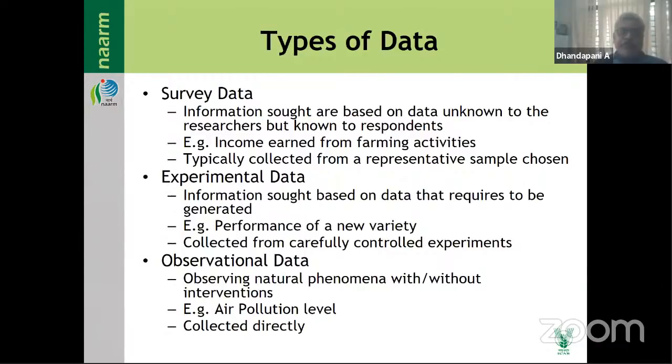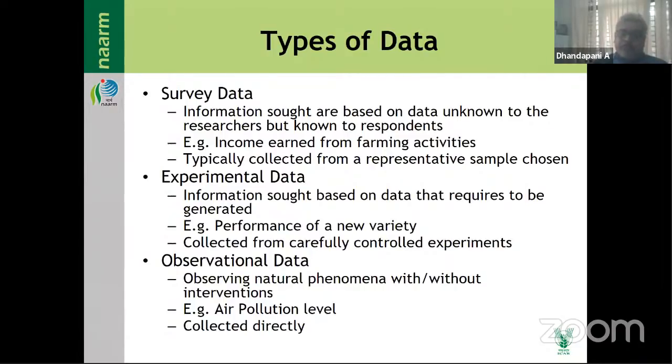In social sciences, some of the sensory experiments are collected through experimental data. The problem with experimental data is that it is very costly, and it has its own limitations for social science problems. Otherwise, in other sciences, this is how much data will be collected.